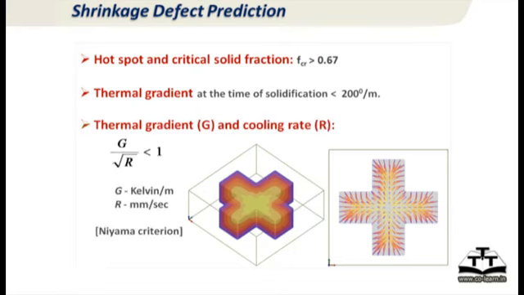The third criterion is the Niyama criterion, which relates gradient and cooling rate. We mentioned that high gradient, low cooling rate is good quality casting. Low gradient, high cooling rate is bad for getting defects. So the Niyama criterion says that if it is less than 1, you start getting a problem there.